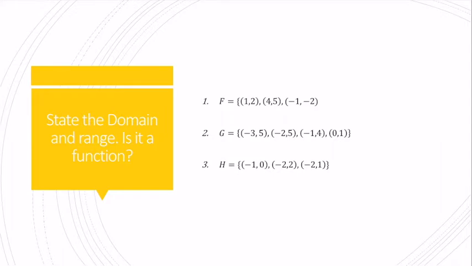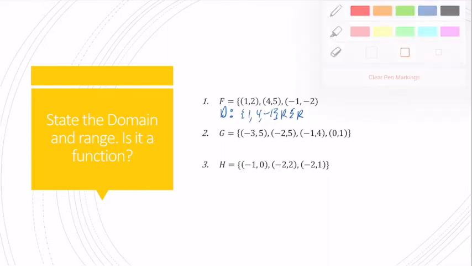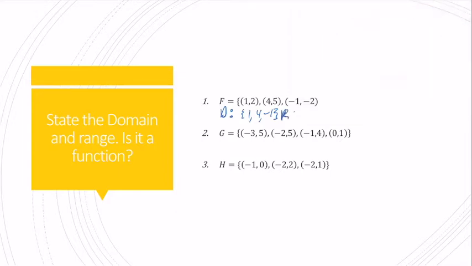So why don't we state the domain and the range for each of these three relations and determine if they're a function. So for number 1, the domain, which I'm going to write D, is 1, 4, -1. My range is 2, 5, -2.